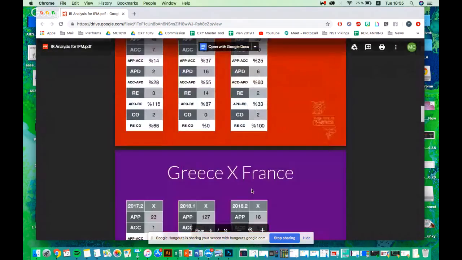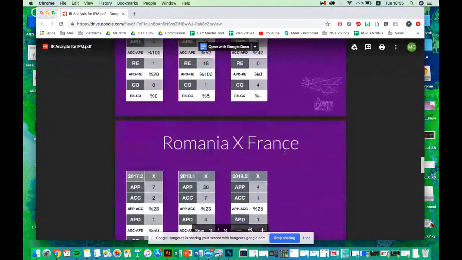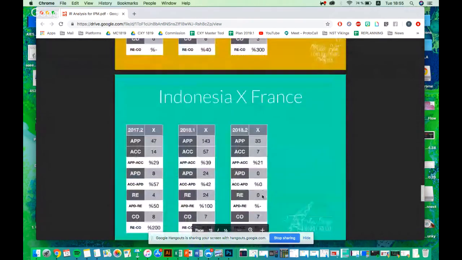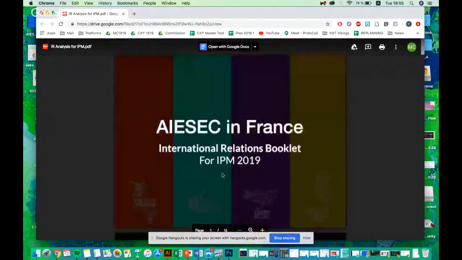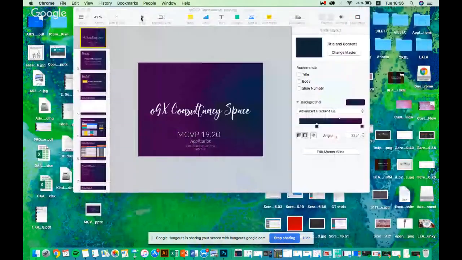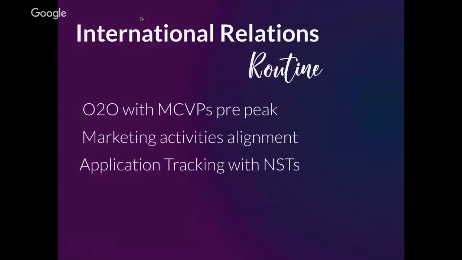So you can take a look at this. There are also recommendations, such as Turkey and Romania, that we put in as they can be interesting to work with during next year. But here you have the booklet inside the PDF, and you will find it here. So yes. And what is my routine in terms of international relations?